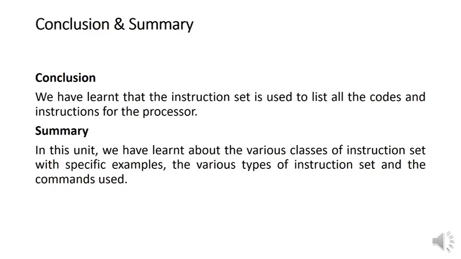We have also been able to cover the various classes of instruction sets with specific examples, the various types of instruction sets and commands used. So with that, many of you can now start making use of your assembly language and see how you can set up different instructions for your processor.